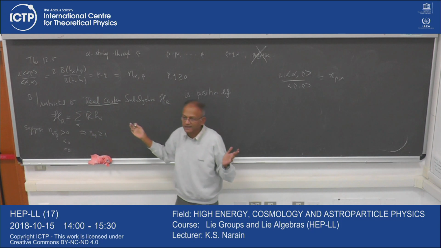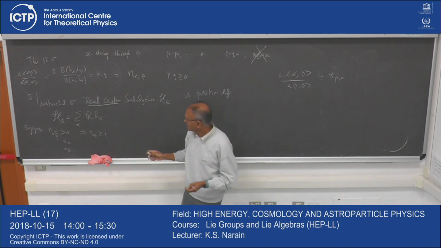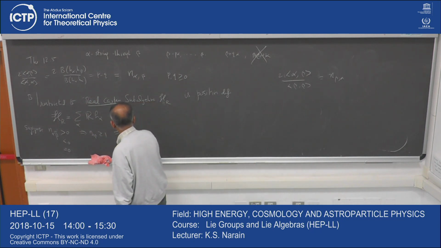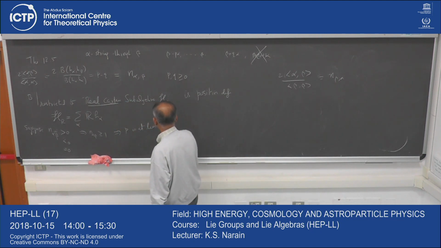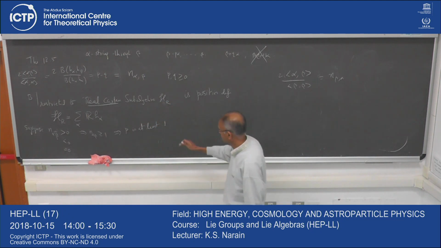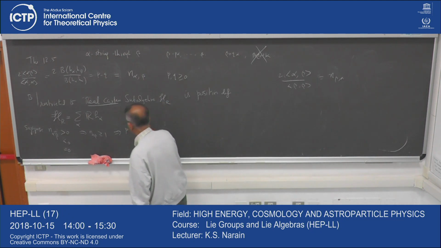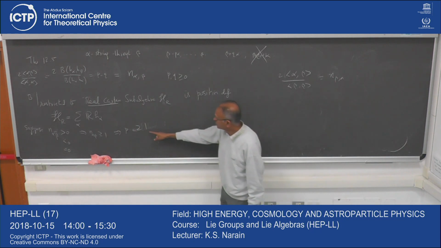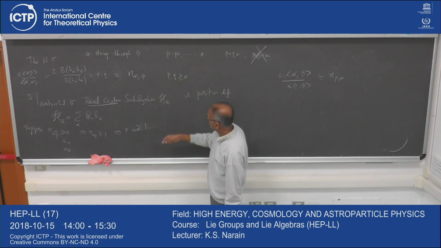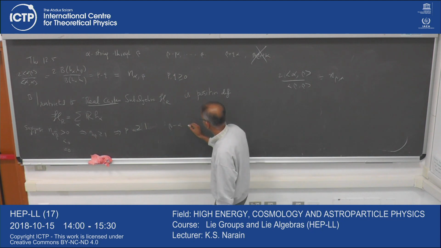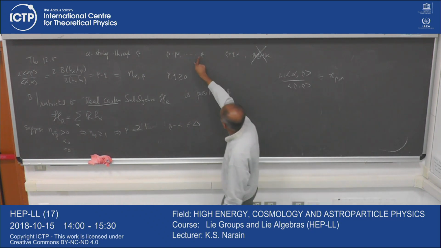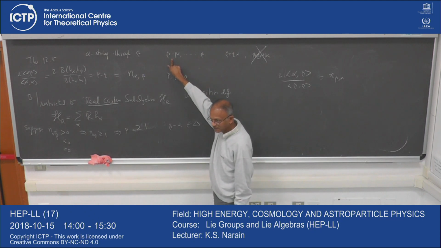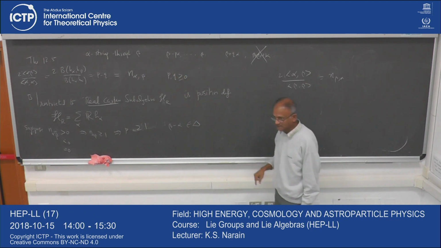Whatever it is, P has to be at least 1. But if P is greater than or equal to 1, then in this chain, for sure, beta minus alpha exists, because you start from beta, beta minus alpha, beta minus 2 alpha, all the way to beta minus p alpha. So at least beta minus alpha for sure exists.